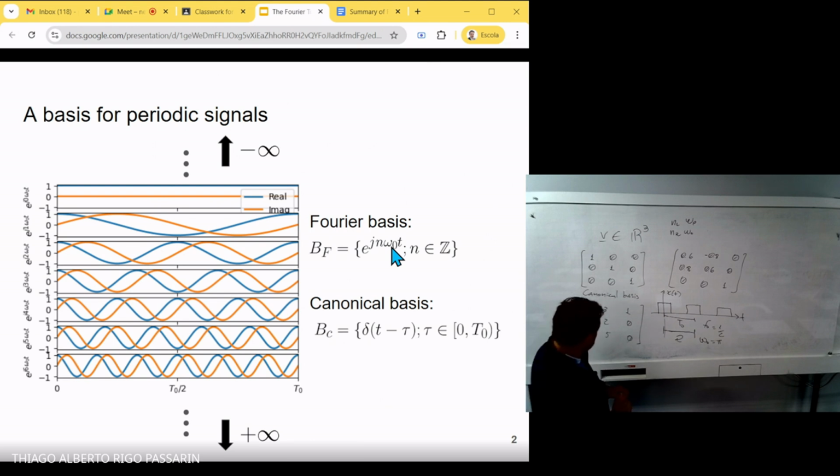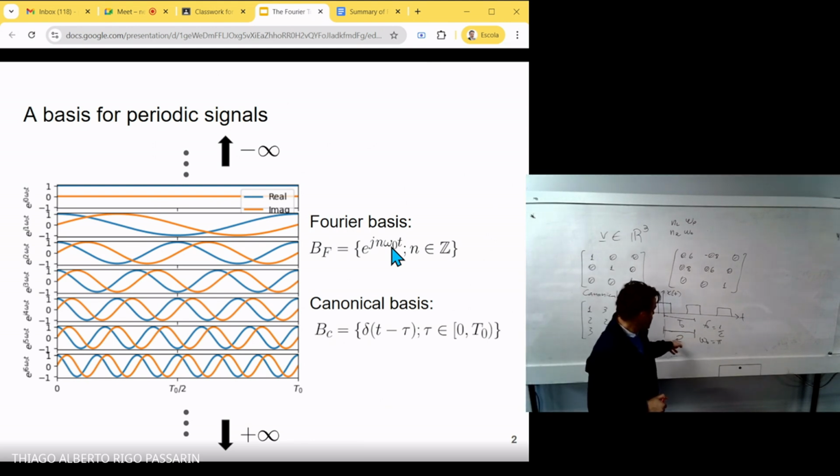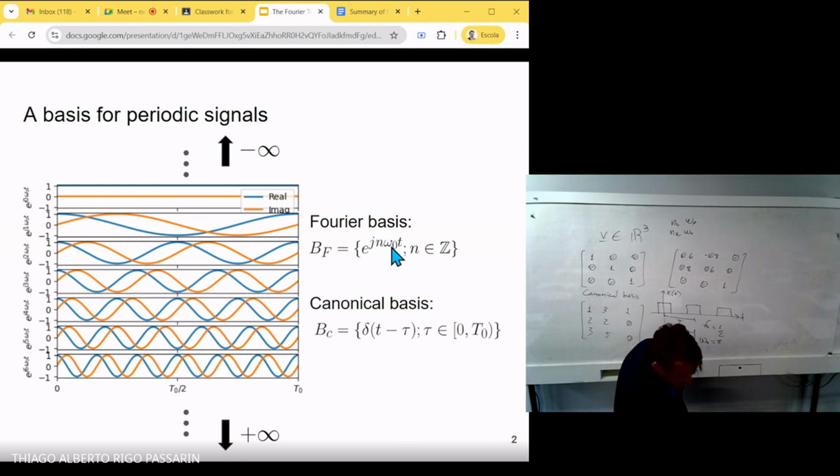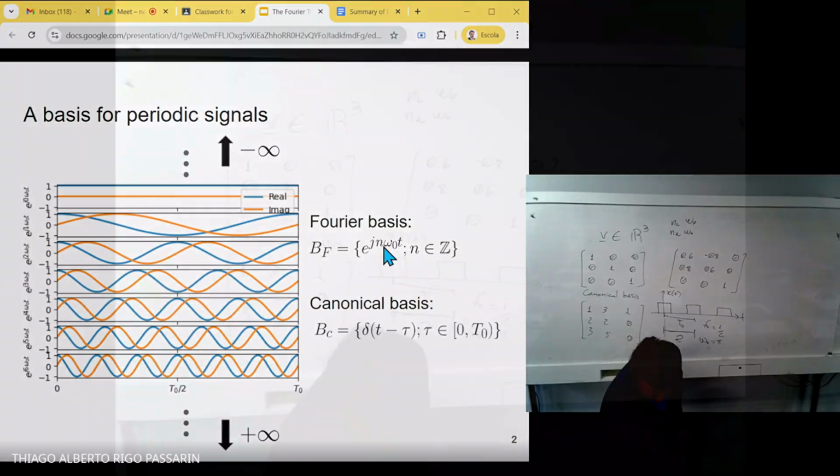So if a signal is periodic with a period 2, all I need to represent it is the set of signals e to the j n pi t, which is omega 0 t.